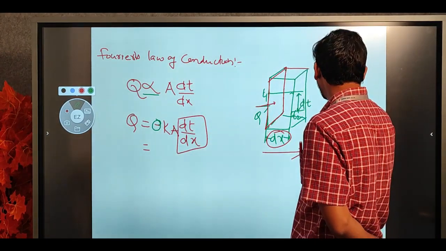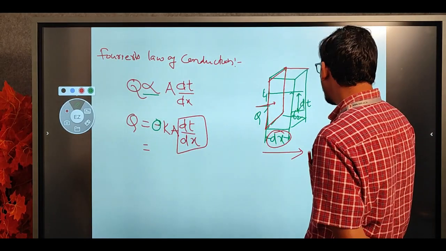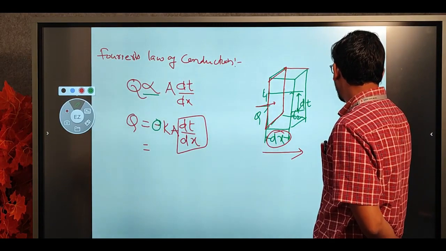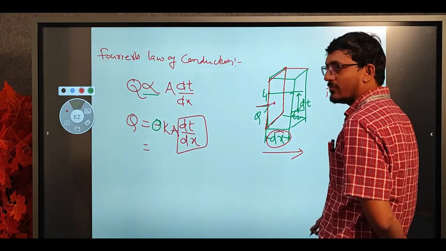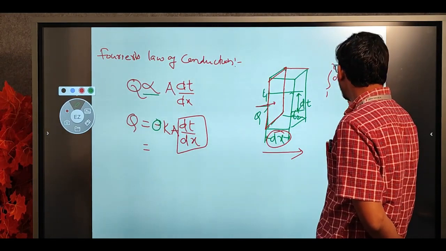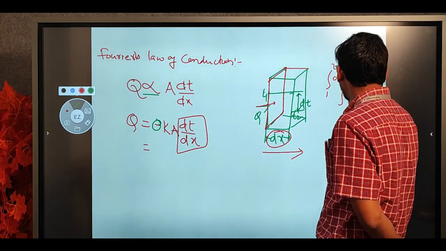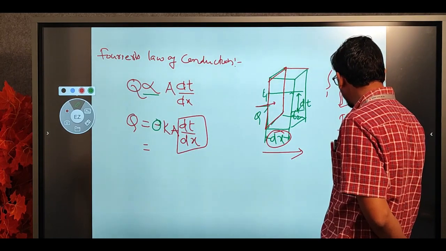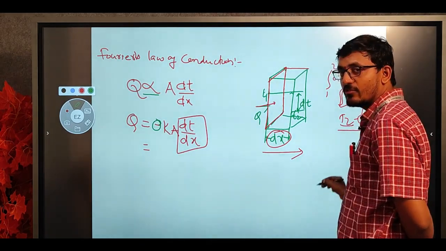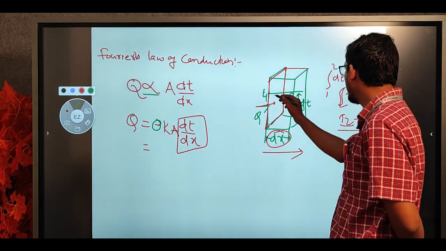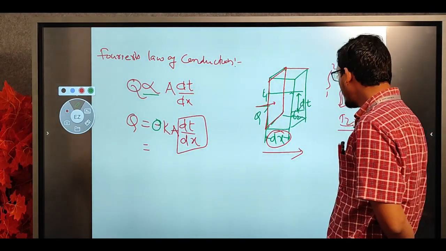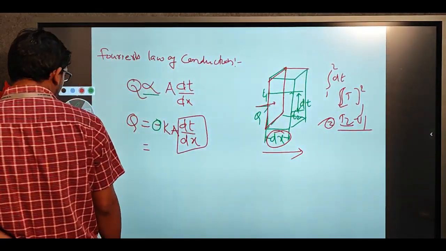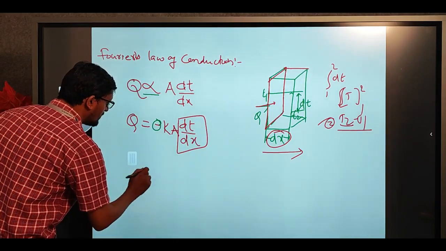Let us consider dT. If you apply limits, we integrate it from 1 to 2. If we integrate it, we get T2 minus T1, meaning we are subtracting from lower value to higher value, because T2 will be lower and T1 will be higher, and here we will get minus, and this minus and minus will be positive, right?